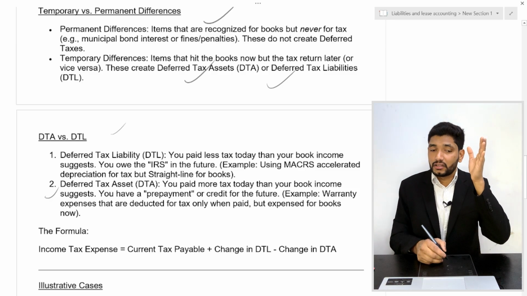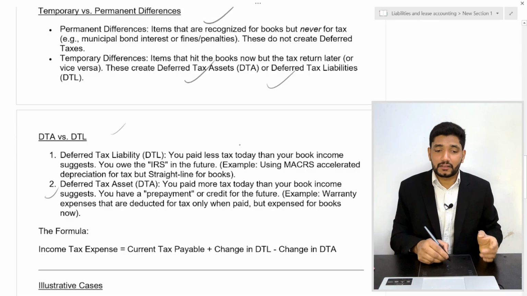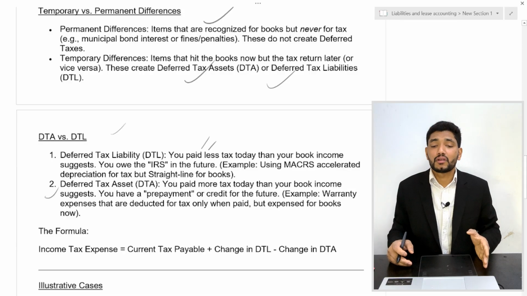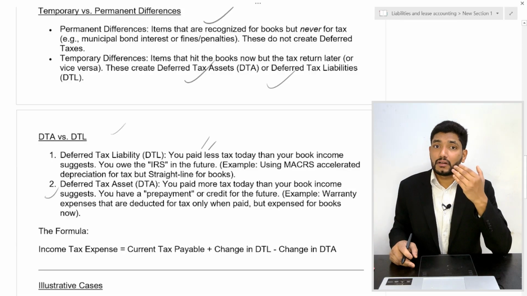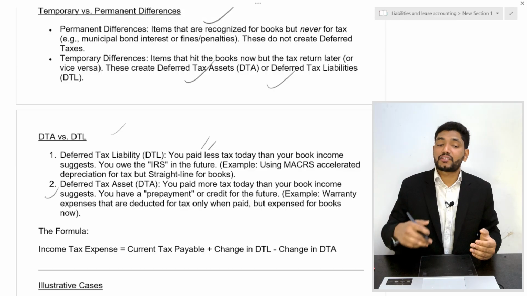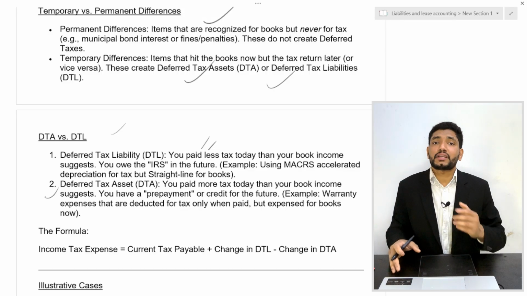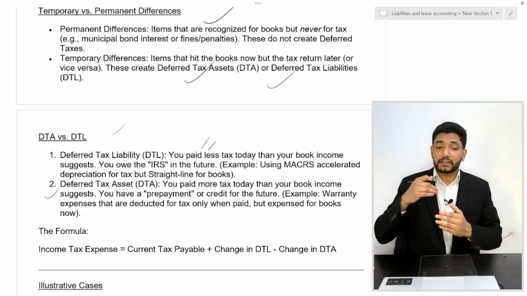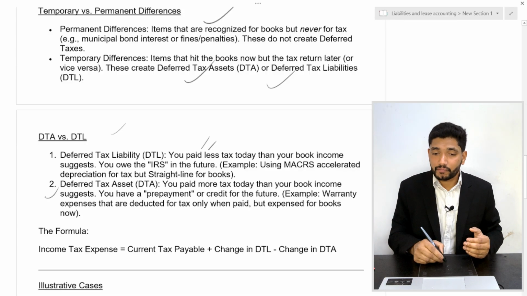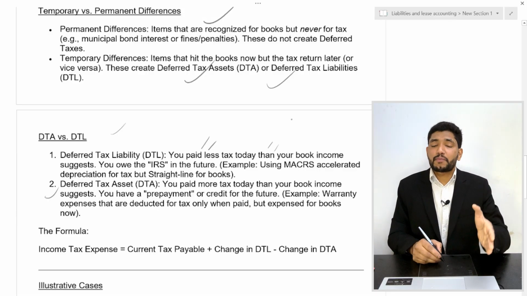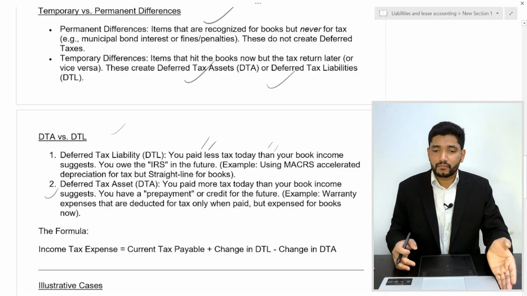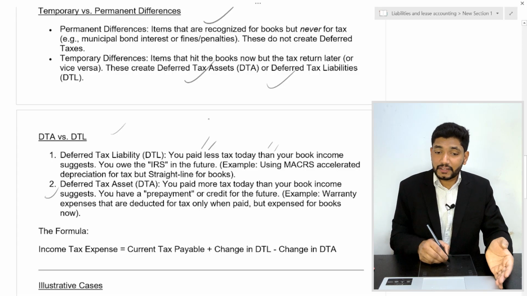When it comes to deferred tax liability, suppose in your financial reporting you are using the accelerated depreciation method and for tax purposes you are using the straight line depreciation method. So, there will be a deferred tax liability, which means you are paying less tax compared to your financial reporting. So, that is deferred tax liability.